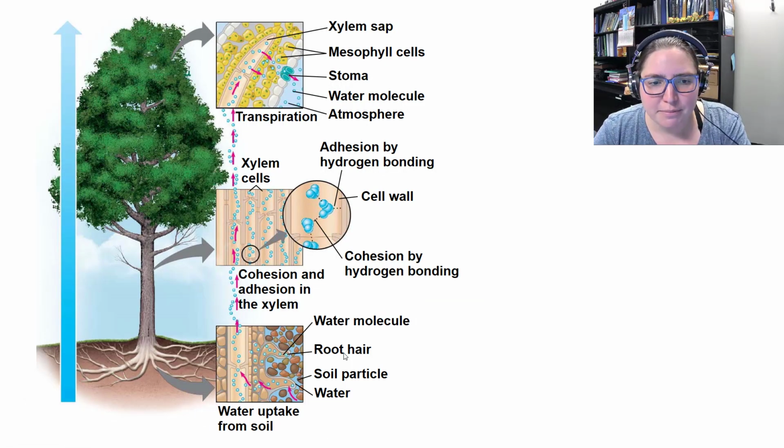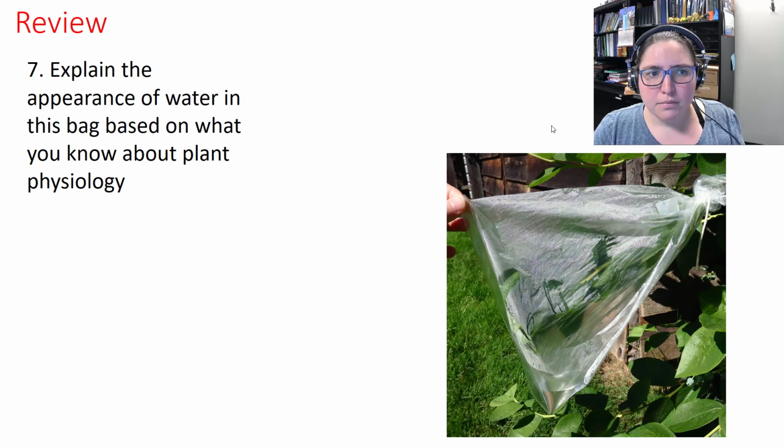Here's another picture, because apparently I felt like you were going to struggle with this. If you look at this one from the bottom, we could start at water going into the root hairs, into the root, up the shoot, and then out the leaf through the stomata, through transpiration.